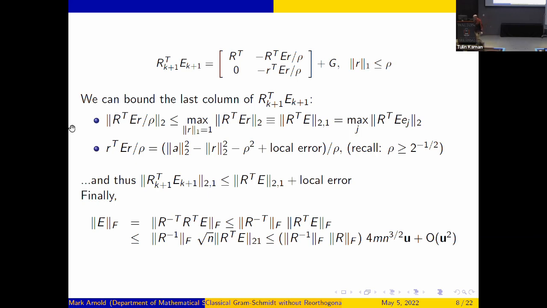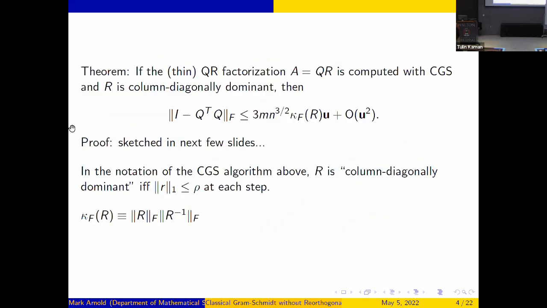So E, what is E here, EK? Oh, that's I minus Q transpose Q. I'm not sure the measure is naturally RK transpose EK. RK is R by R, and then EK is N by R, right? No, EK is square. It's K by K. Yeah, there's our EK right there.